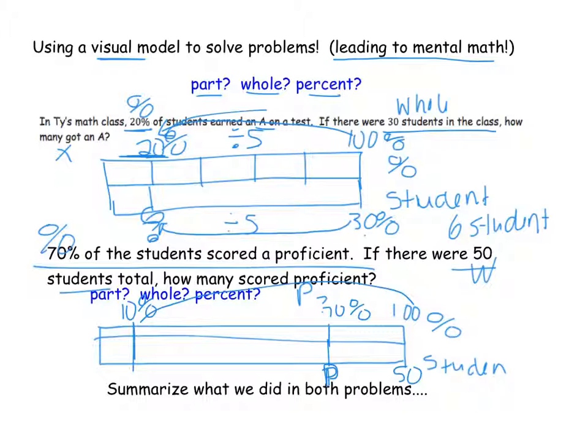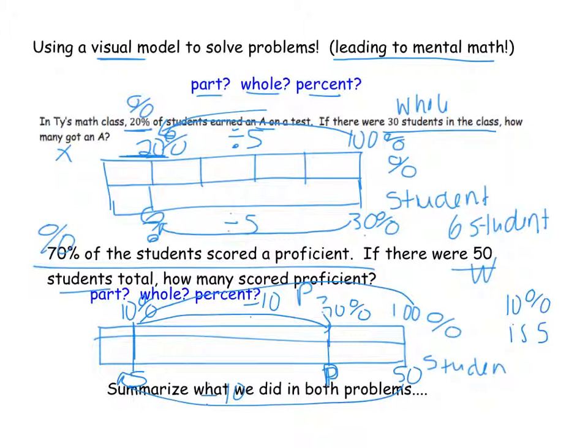So 100 divided by 10 is 10%, and I can do 50 divided by 10 easily, and that's 5. So now I know that 10% is 5. We have to get back to 70% though. So we have to multiply by 7.